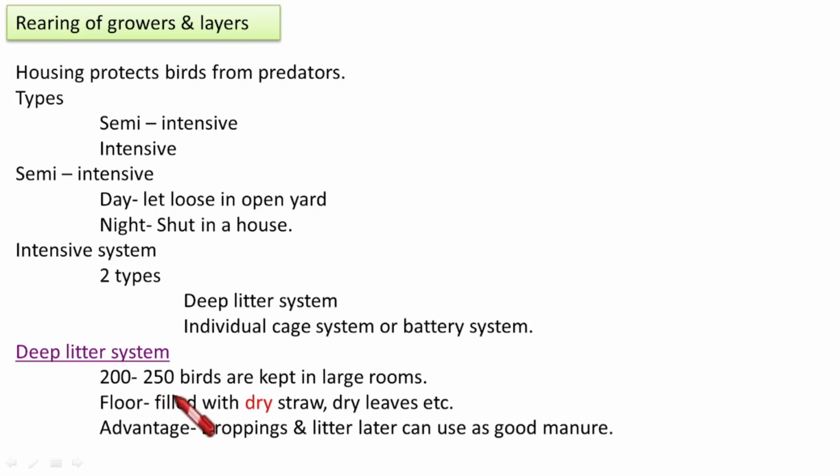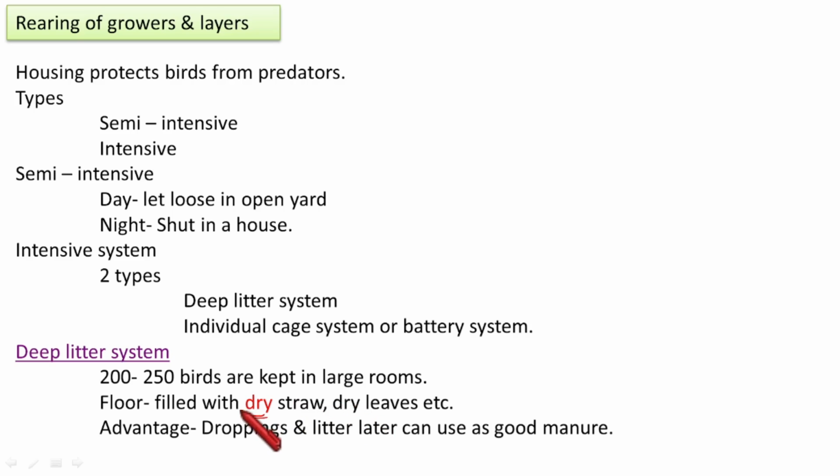And the flooring of that room will be filled with dry, that's important, dry straw and dry leaves. It should not be wet or moist. The moist filling may bring some contagious diseases, as it may lead to the outbreak of many fungal diseases.